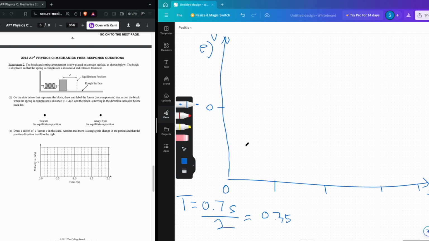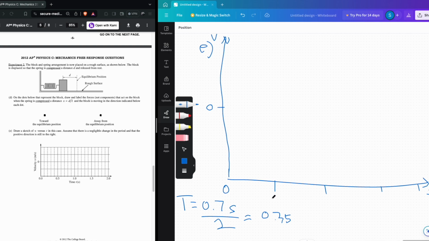Another thing to keep in mind is that as there's a rough surface, some of the energy of the system will be transferred due to friction, and so the amplitude should also decrease.